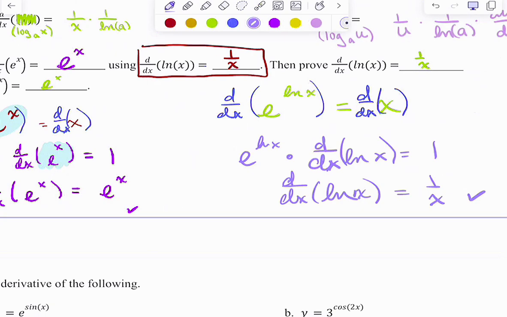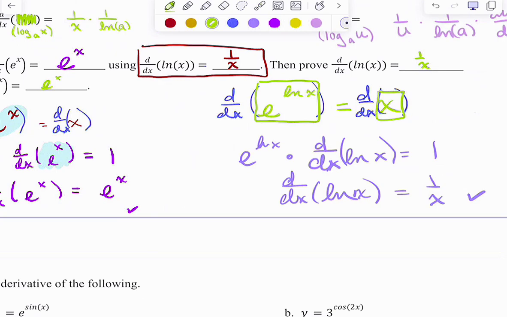Questions? Yes. Sorry. How does the natural log of x get you the exponent? I started with this, and I said, I already know that this equals x. Would you agree? How does that work?